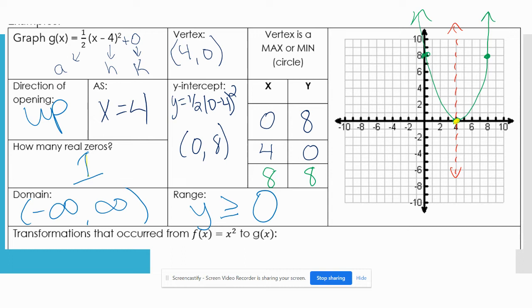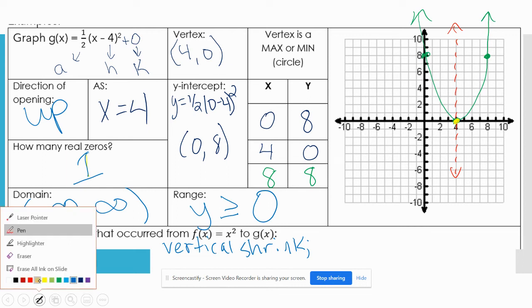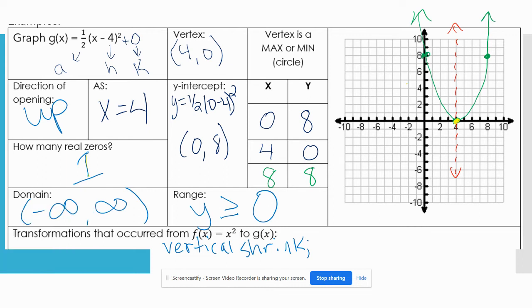And our transformation. So we do have an a. That 1/2 is a vertical shrink. And then remember, we're asked to compare this to our parent function. You don't need to draw this in, but I'm going to make a quick sketch of our parent function right here.